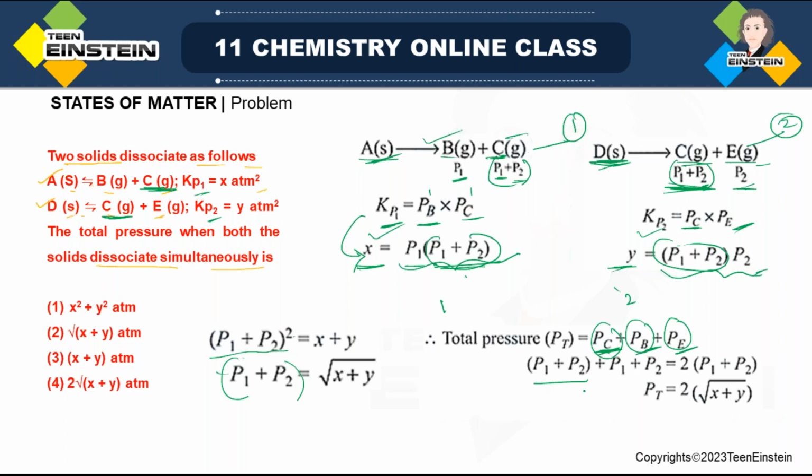This is the final pressure for PC. This term we have written for PC, this term for PB, and this term for PE. So P1 plus P2 is coming 2 times, which means it is 2 into P1 plus P2. But you have already calculated P1 plus P2, which is root over X plus Y. So it is written as 2 into root over X plus Y, and that is PT, the total pressure. So this should be the correct option.